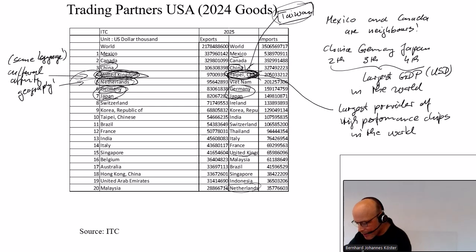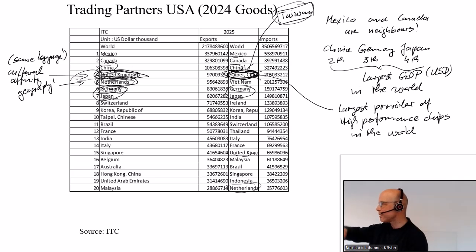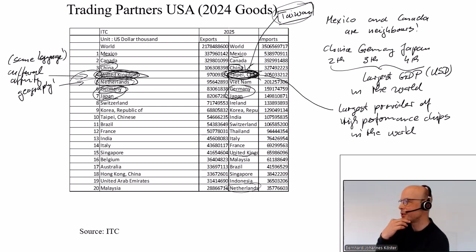And what else did we have? This I will not do in that detail here, but you could do it. I showed you in the database that you can also select by categories, and Taiwan is the fourth largest importer for the United States.